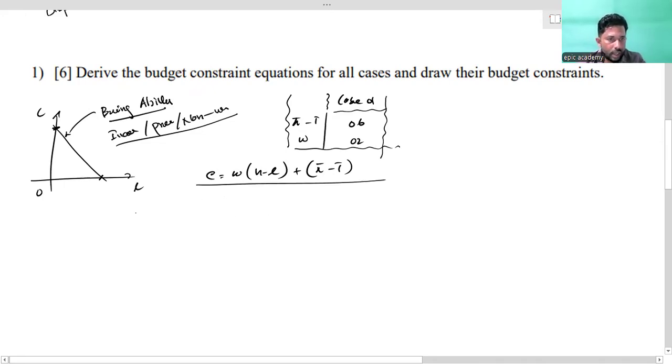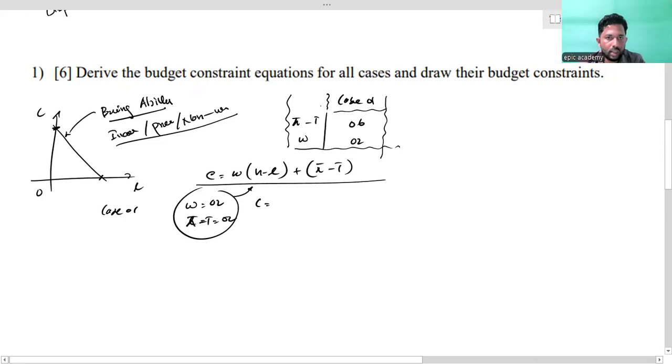In case 1, you have to consider W equal to 2, and leisure, 5 minus T, equal to 2. After putting those values into the equation, you can calculate the value for consumption.